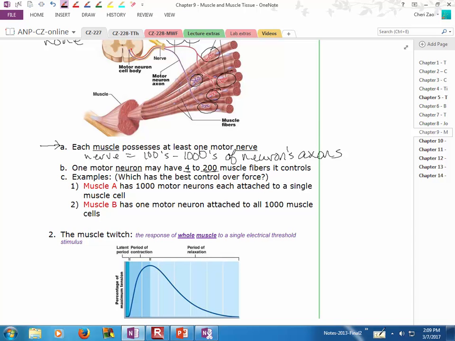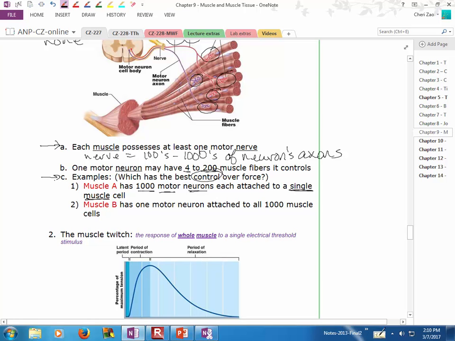And we want to answer this question now: which muscle, A or B, has the best control over force of contraction? Muscle A has 1,000 motor neurons, each attached by a neuromuscular junction to a single muscle cell.